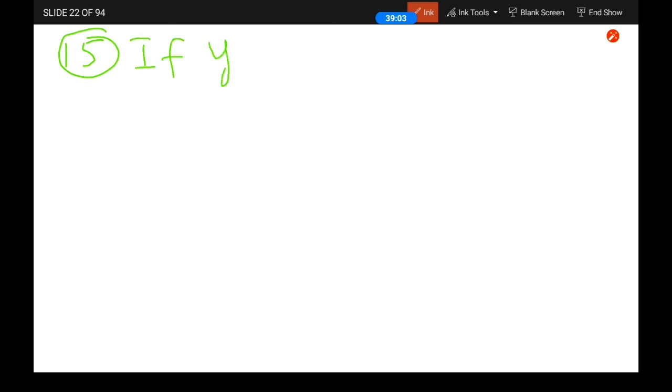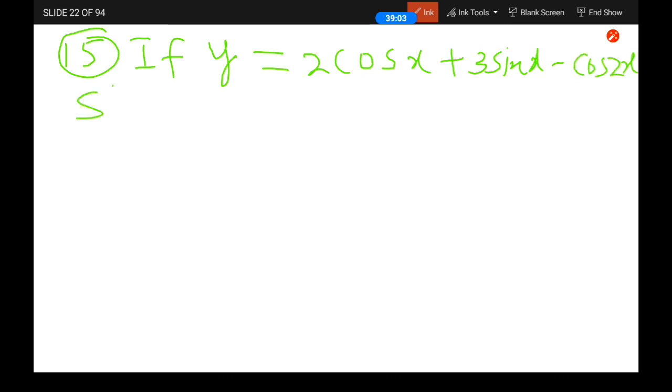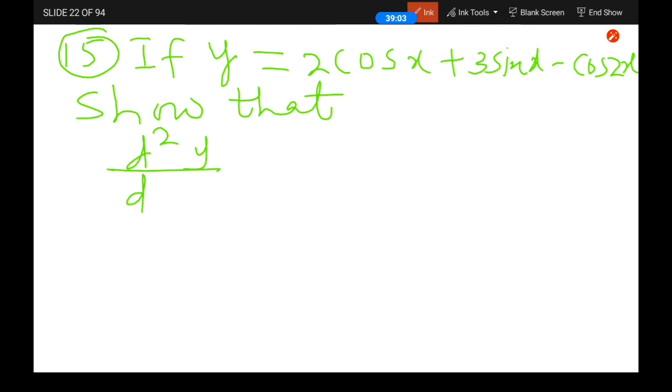If y equals 2 cos x plus 3 sin x minus cos 2x, show that d squared y over dx squared, second derivative, plus y is equals to 3 cos 2x.